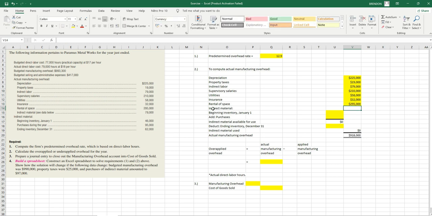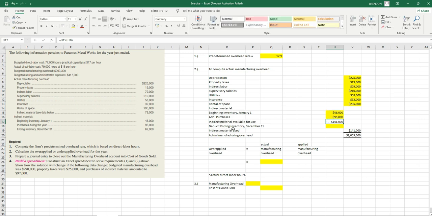Then, for indirect material, we have the beginning inventory January 1, worth $46,000. Then we add purchases, $95,000. So the computation for indirect material available for use is the sum of beginning inventory January 1 and the purchases during the year.